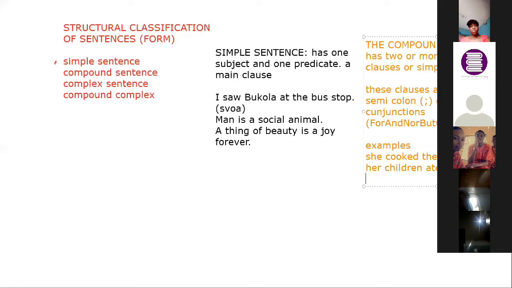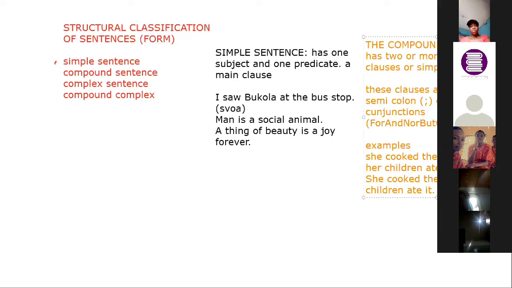So if I want to turn it to a compound sentence, it's going to read as: she cooked the food, and her children ate it. Full stop.